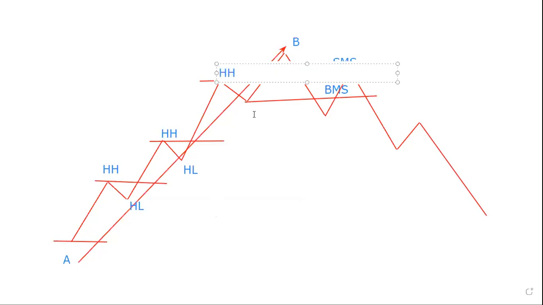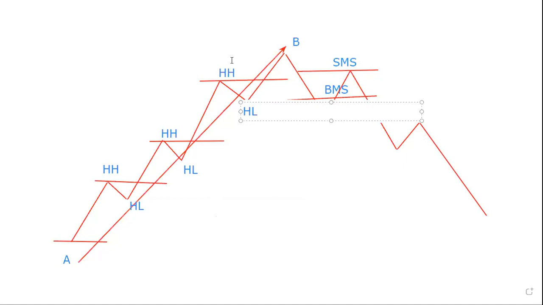Higher highs and higher low. This is also a higher high. So on this point now, we are having a lower low, and here we are having a lower high. Lower low and lower high.